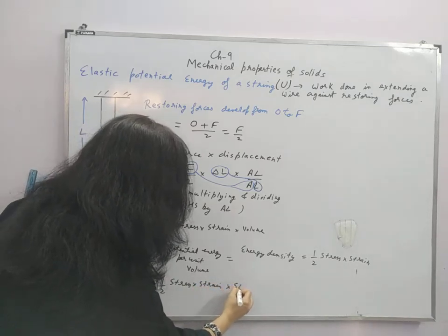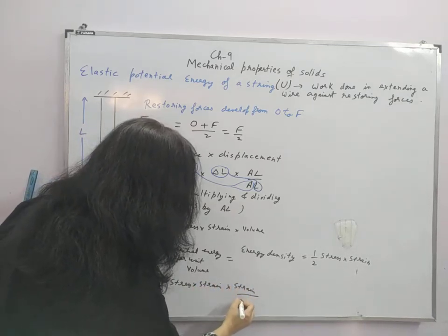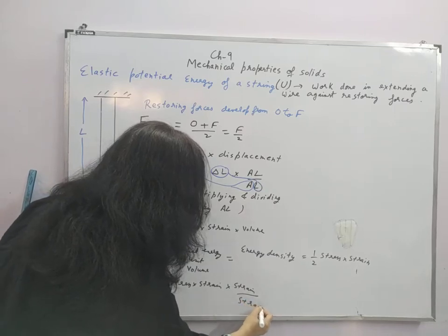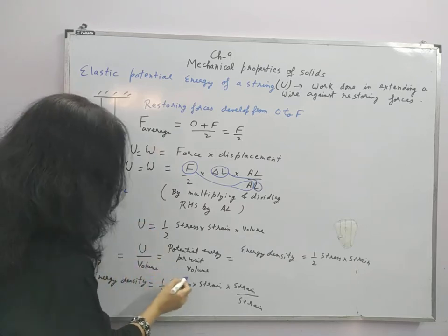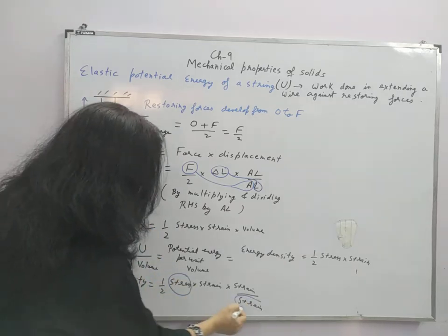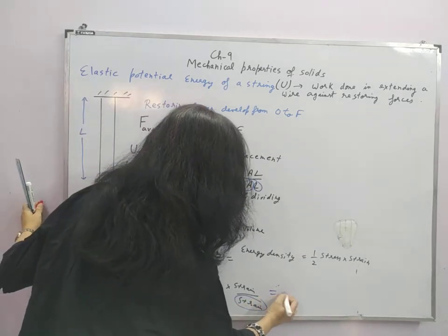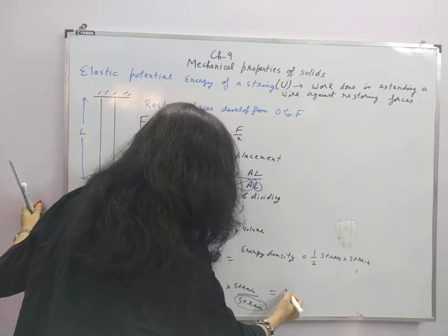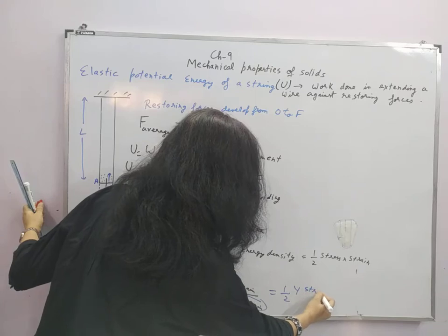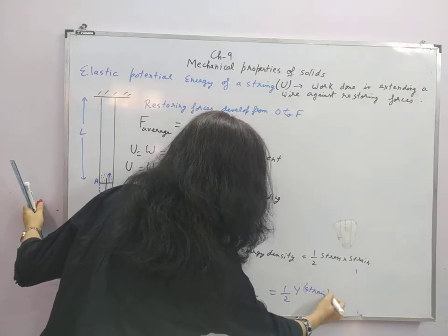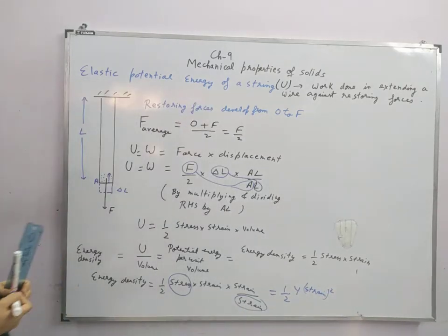I can multiply this by strain and divide this by strain to get another form. This stress and strain can be clubbed together to write Young's modulus for a longitudinal wire here. So this is another form of the energy density formula.